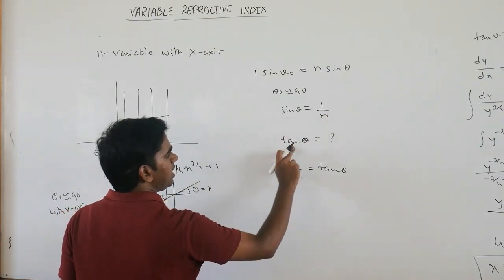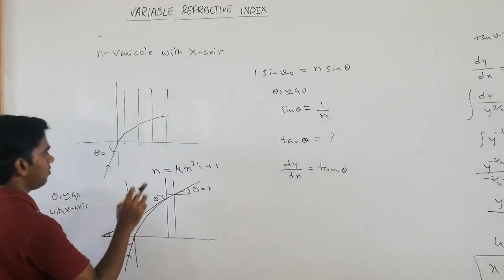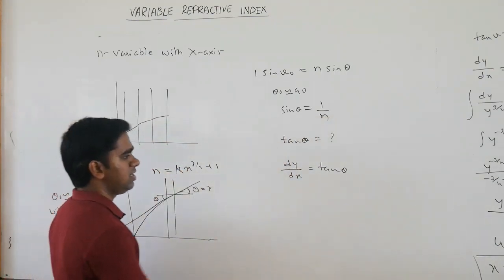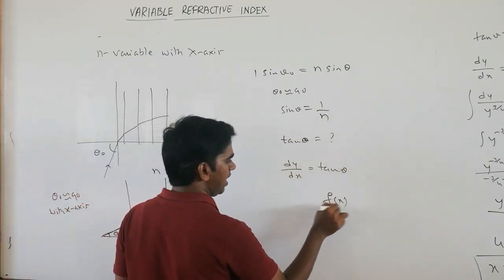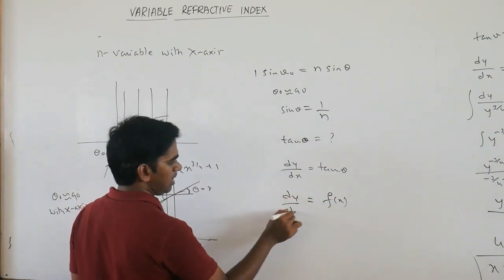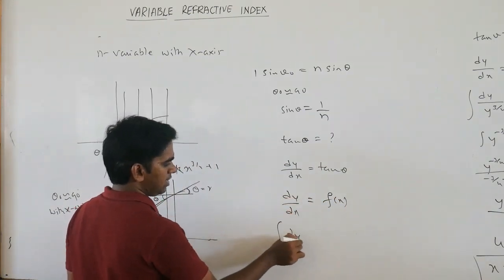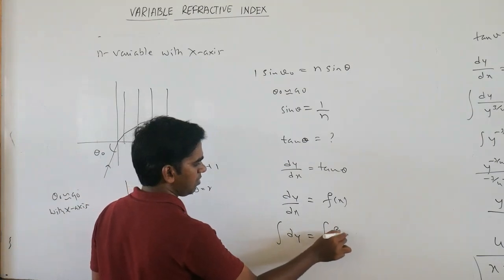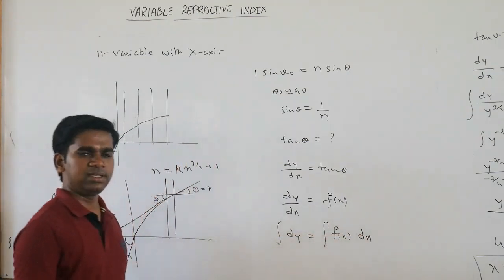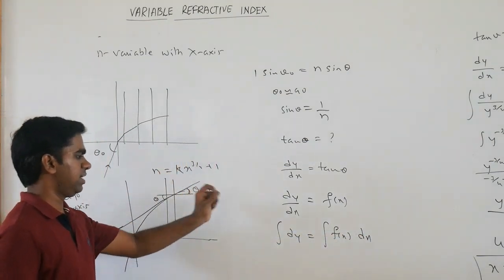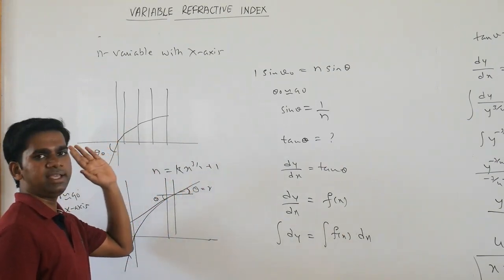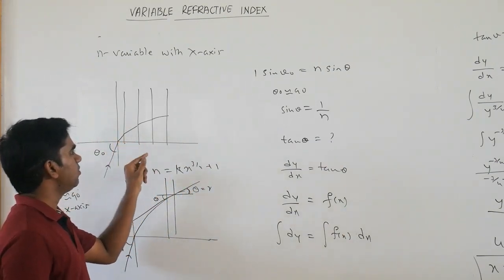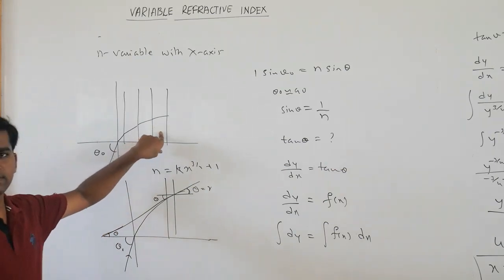Of x. Why? Tan theta is a function of n, and n is a function of x. So here you will get one function in terms of x, and this is dy by dx. Now you can integrate: integration of dy equals integration of f of x dx. This is how you can get the equation of the curve when n is variable with x.